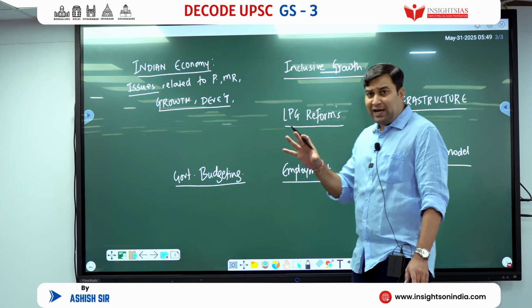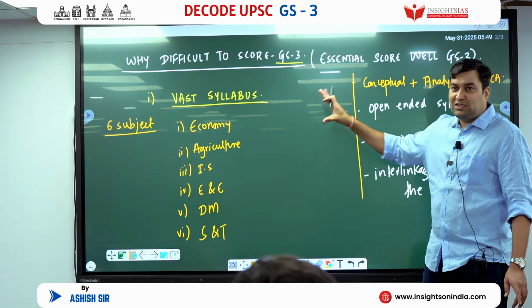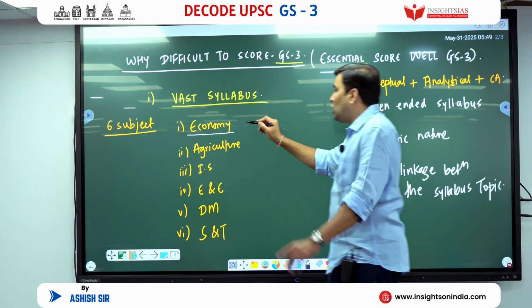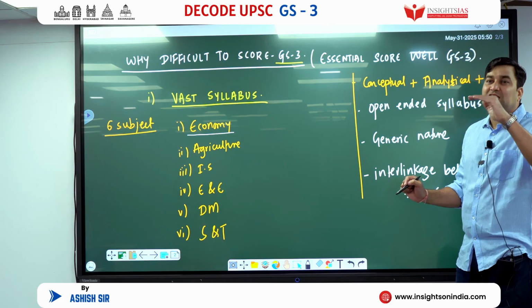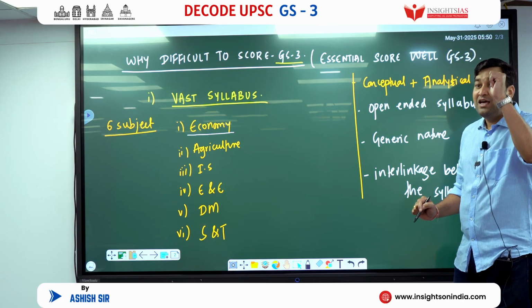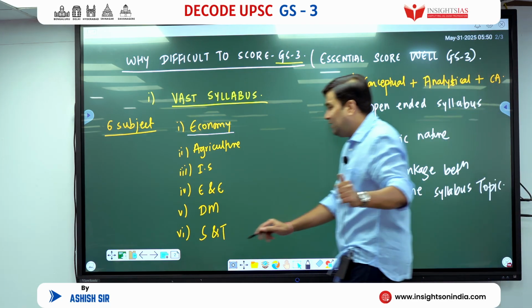Now when I am talking about the vastness of the syllabus, I am speaking right now about economy. All these are the basic 6 lines given by UPSC. First is issues related to inclusive growth or economic development.